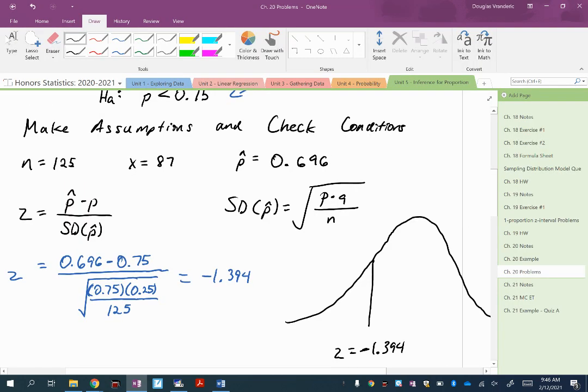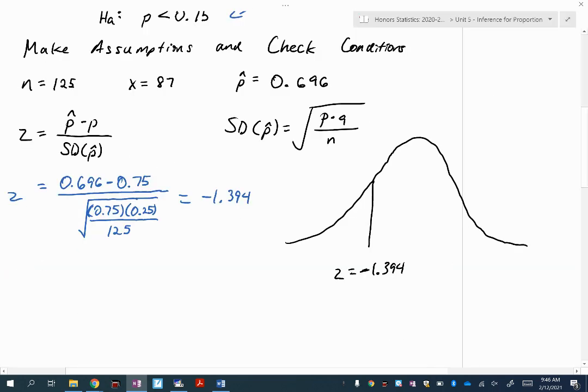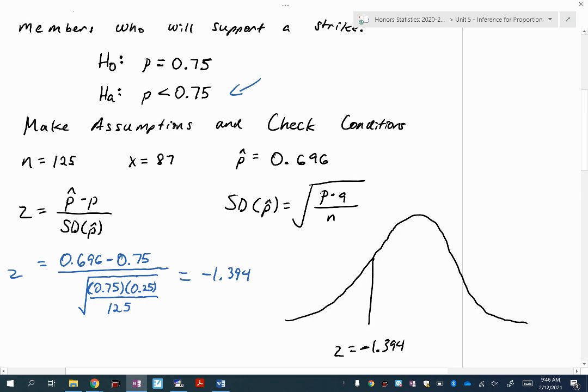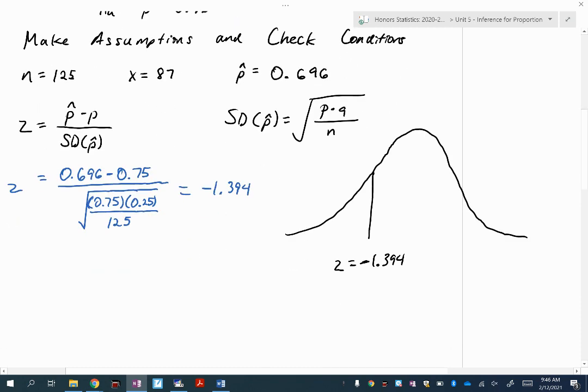And then remember what Cecilia said. She said we want to see if it's less than 0.75, so we need to shade below, which is to the left. Now I'm using green here, but it doesn't matter what color you're using. But when I use my computer to tell me what this amount of the curve in green is, do you remember what this is called from Wednesday?